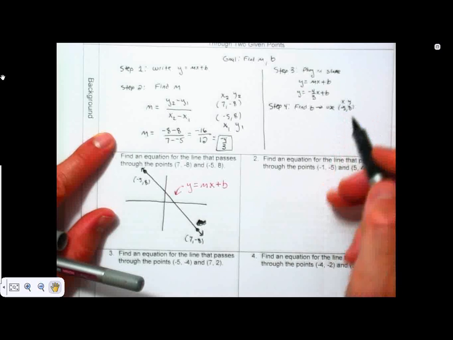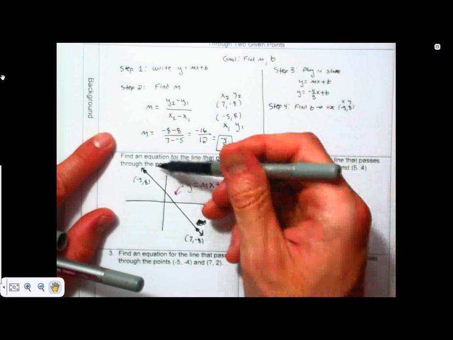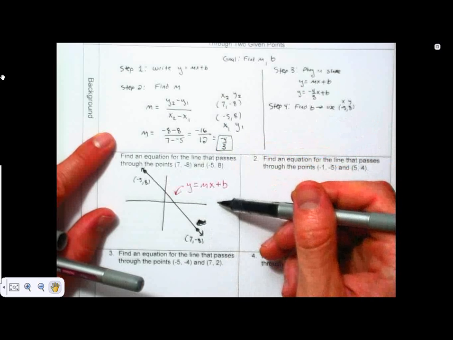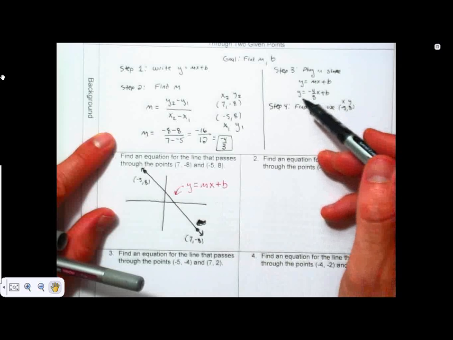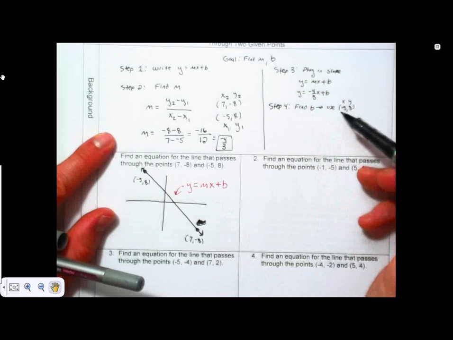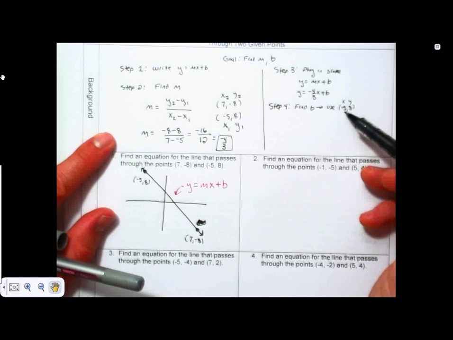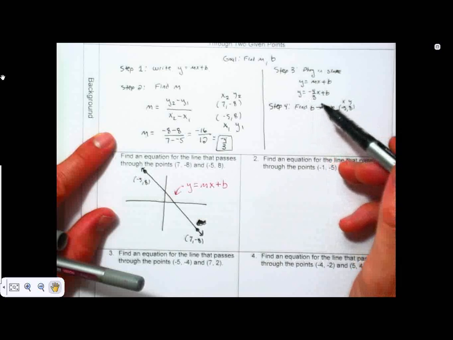What a graph stands for is that it tells me all the solutions to an equation. So (-5, 8) has to be a solution to this equation that I'm trying to write. I'm going to plug -5 in for x, plug 8 in for y, and see what's left over.